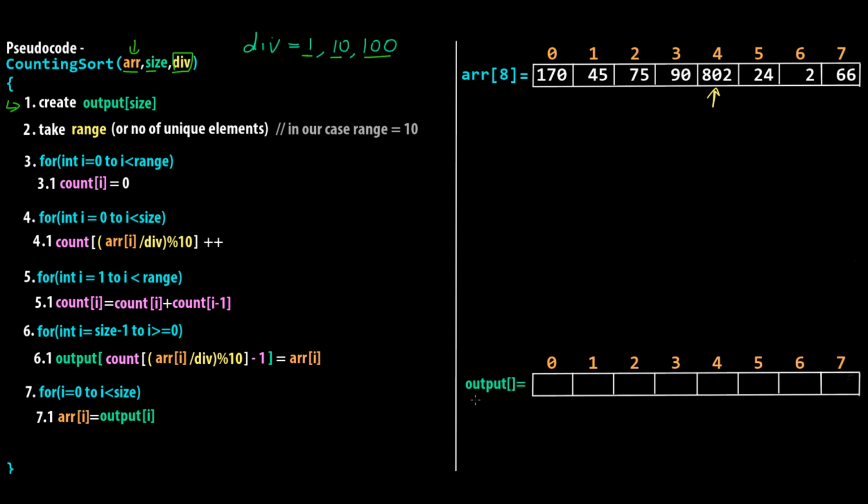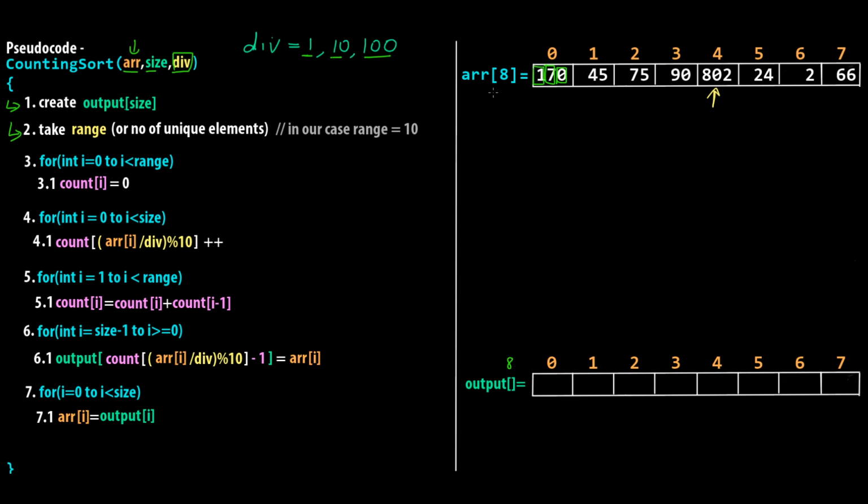So let's do that. Okay, so here we have the output array. This is also of size 8. Next step is to take the range or number of unique elements. Now in radix sort, what happens is counting sort is called on individual digits. So counting sort will be called for the units place once, for the tens place once, and for the hundreds place once.